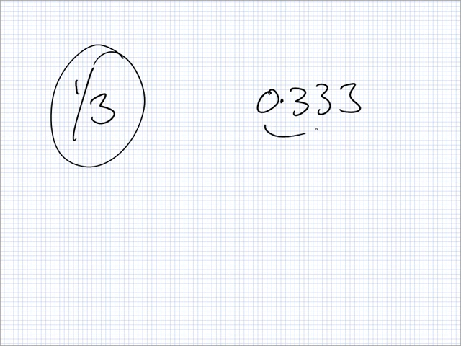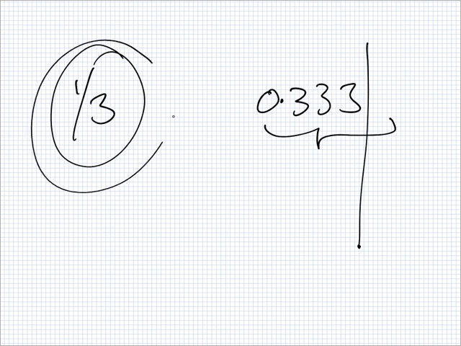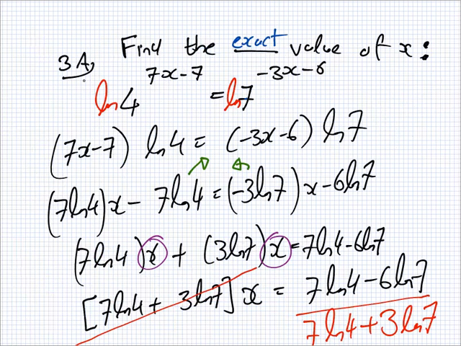But the reason it's not this is because you have to stop, don't you? You can't write the threes forever. So the moment you stop, it means your answer is not as good as this answer. But I do find, guys, I would say about 50% of students think the word exact means decimal. If it said exact, you would lose a mark.